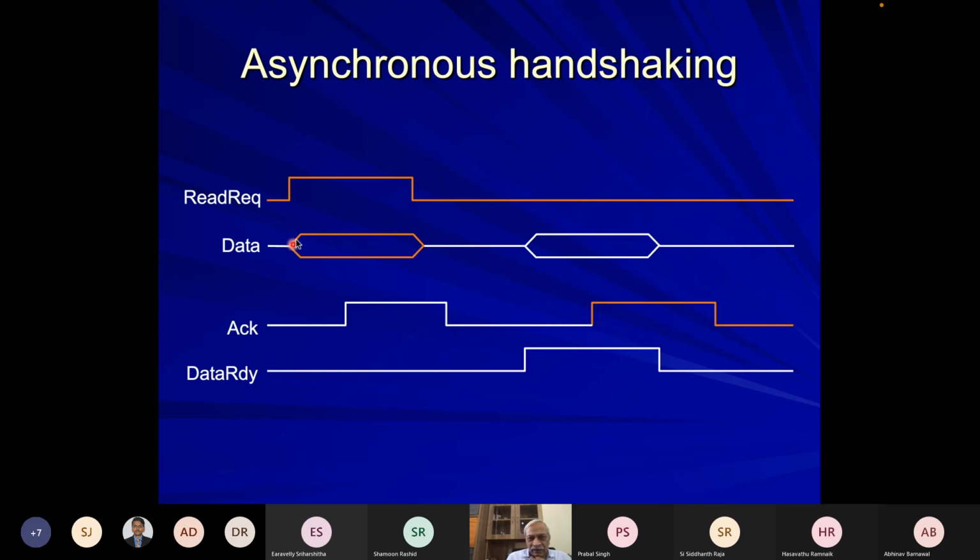Okay, and at the same time, we are assuming here that there are common wires for sending address and data. So it is sending address here on the data lines, and there is an acknowledgement from the slave or the responder in response to the read request.